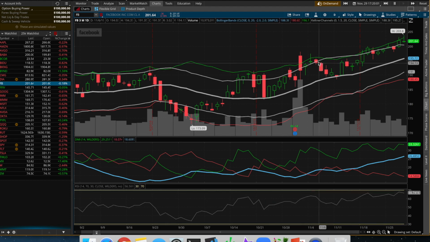So you could have taken a trade somewhere over here. Again, dojis on their own do not generate any kind of signals. So I personally just use doji as an indication of a possible reversal coming. But the reversal of the trend has to be confirmed by watching other indicators.